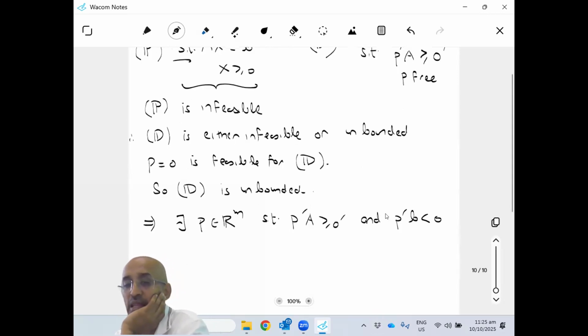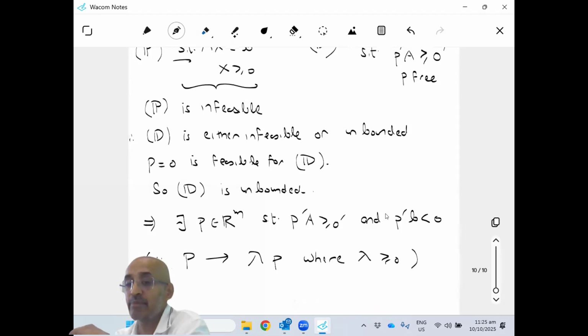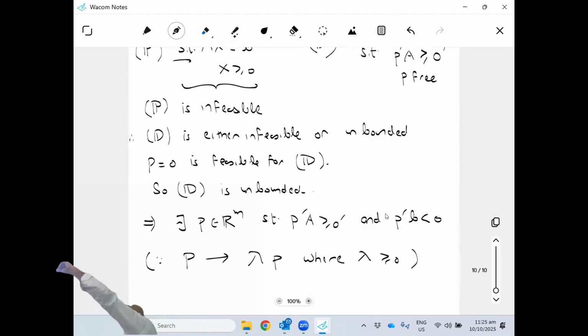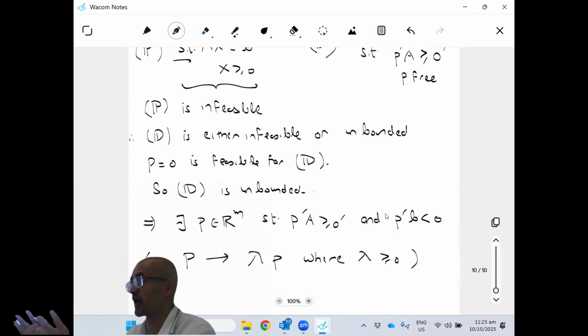I can take P and simply scale it as lambda times P, where lambda is some non-negative number. I keep multiplying every component of P by lambda. This will still be feasible because P transpose A is non-negative, so if I multiply by lambda, it will still stay non-negative.